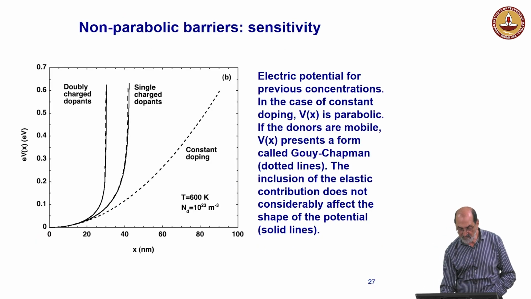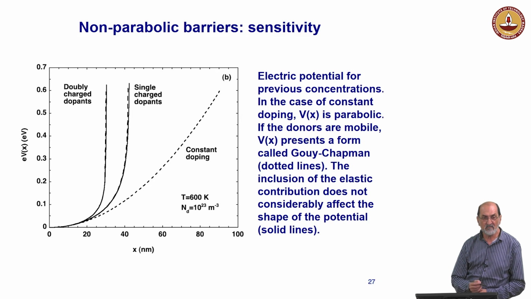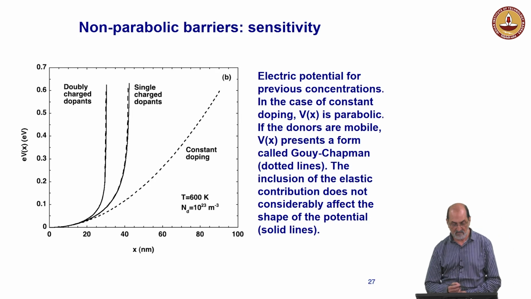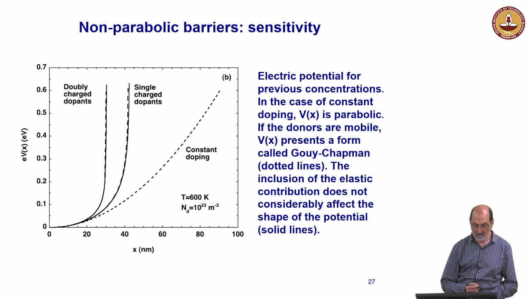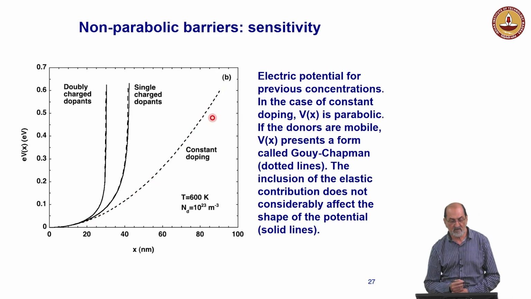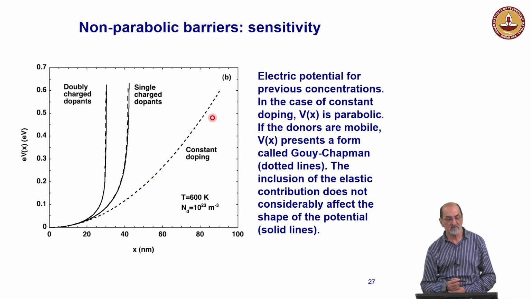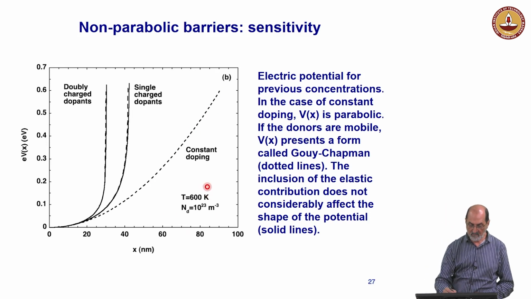Well, we have to integrate that twice to get the shape of the potential barriers. And the shape of the barriers can be really very different. Here in dashed line, we see the barrier corresponding to a constant doping. This was done at regular temperatures and regular dopings that people are proposing in the literature.